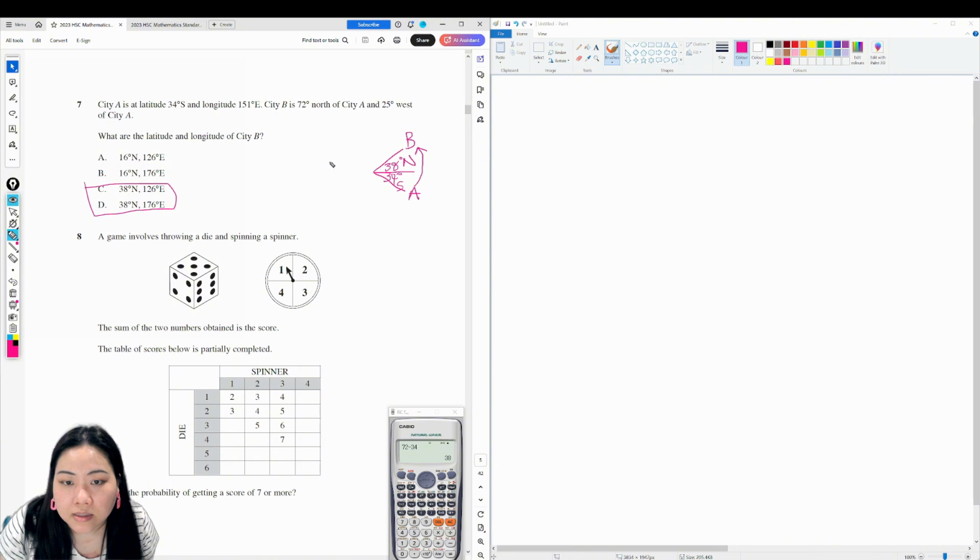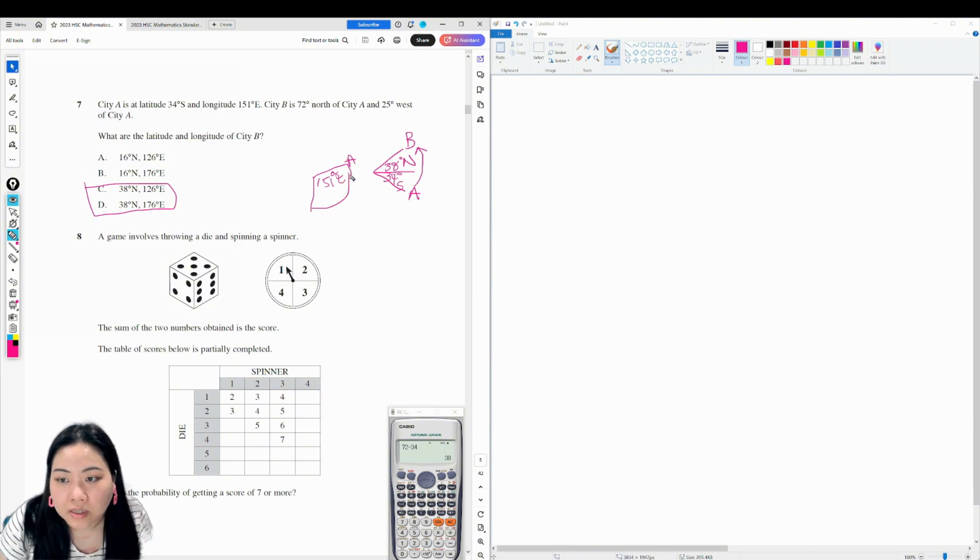Then it says City A is longitude 151 degrees east. That means from Greenwich, it is 151 degrees east. Oh, wrong direction. I went west. Let's try again. 151 degrees east, and that's A over there.